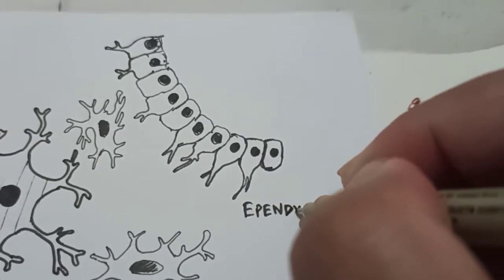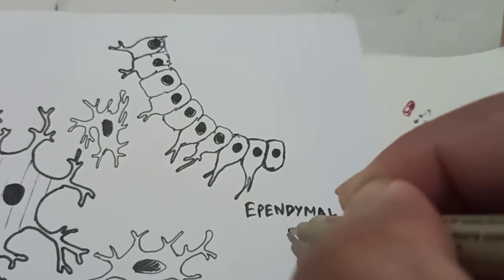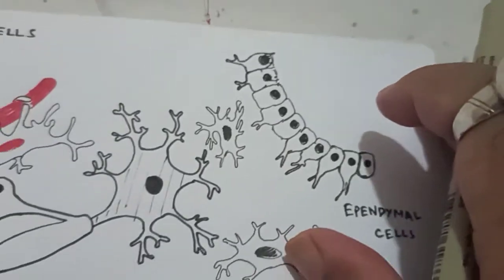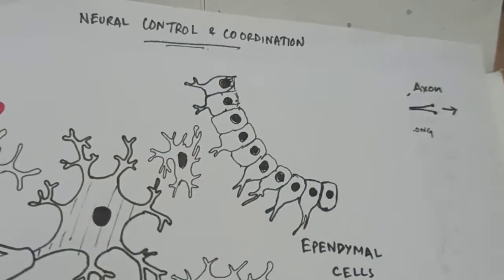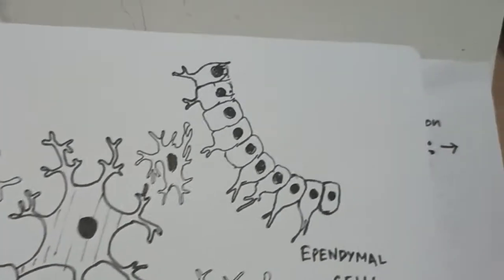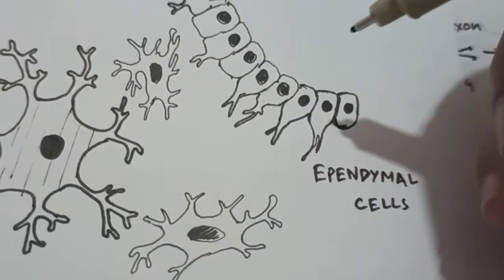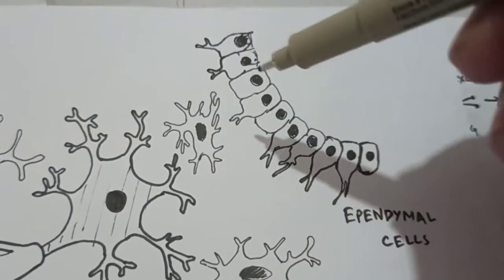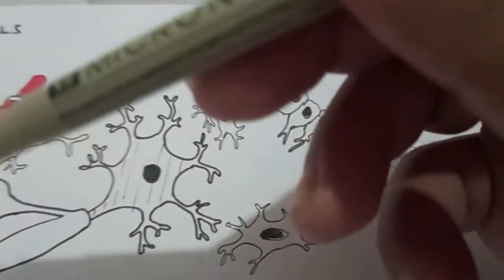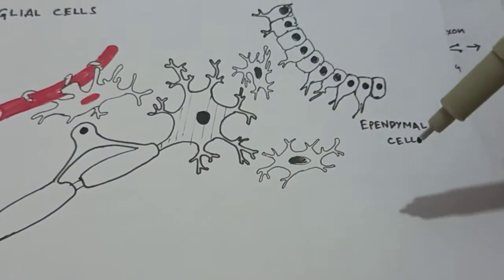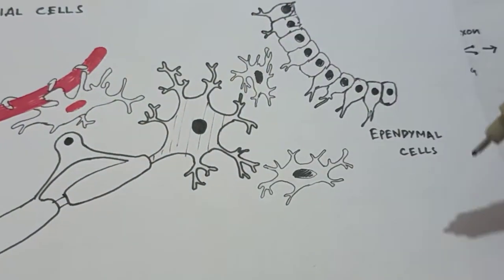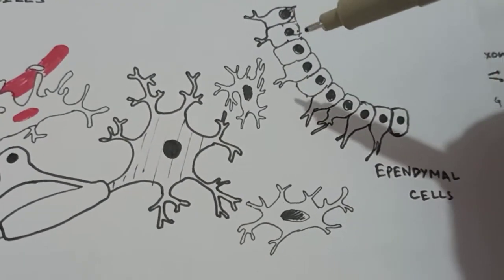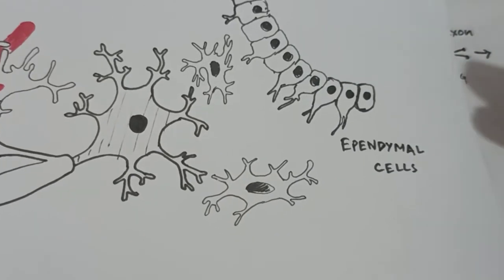ependymal cells. So ependymal cells are responsible for giving a little bit of protection or barrier to the tissue which mainly comprises the nervous system, with that of the surrounding.